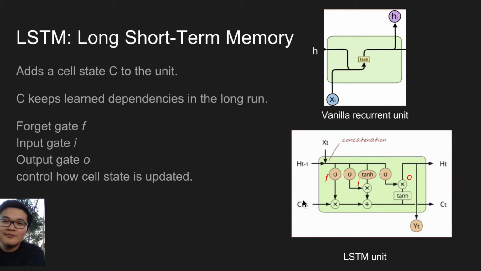So the core thing in LSTM is a cell state. And for each recursion, there are 3 gates: the forget gate here, the input gate here, and the output gate here. First, we have the concatenated input of the previous hidden state and the current input that goes through the forget gate and filters the previous cell state C, which is CT-1.